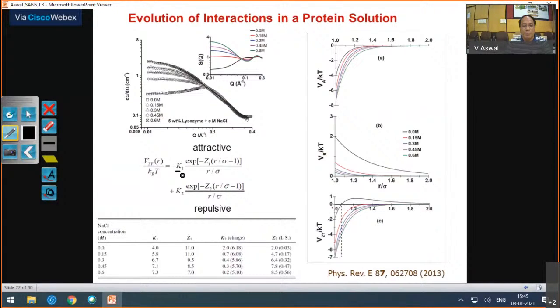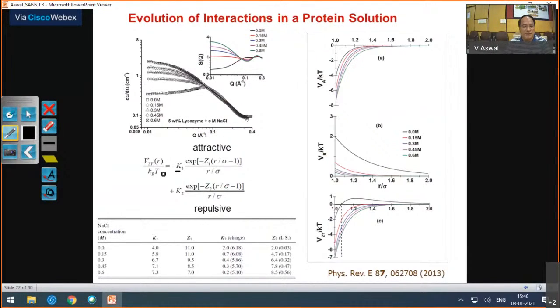K is the magnitude of your attractive or repulsive part, and Z, since it is going within the exponential, basically represents the range. The reciprocal of this will be the range of the potential. So if Z is a small value, then your potential has a wide range, and vice versa.